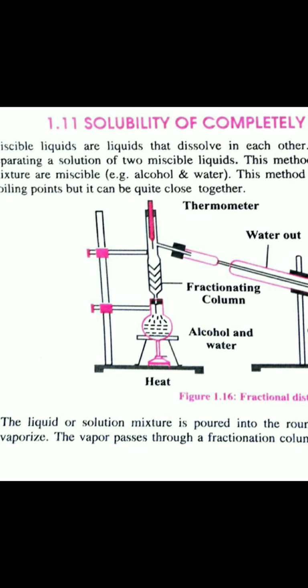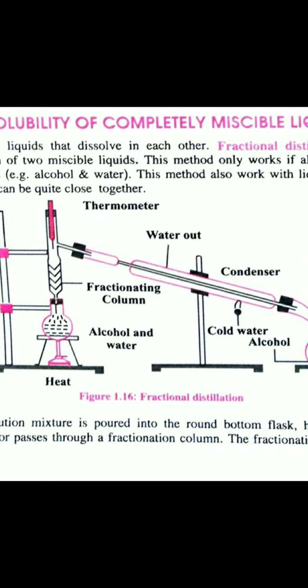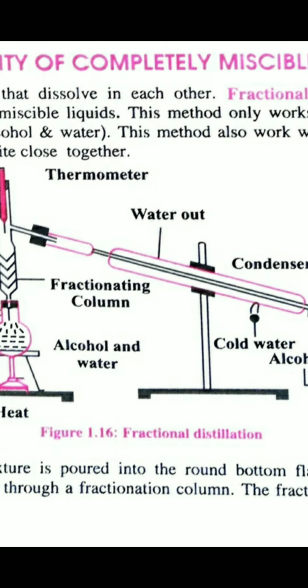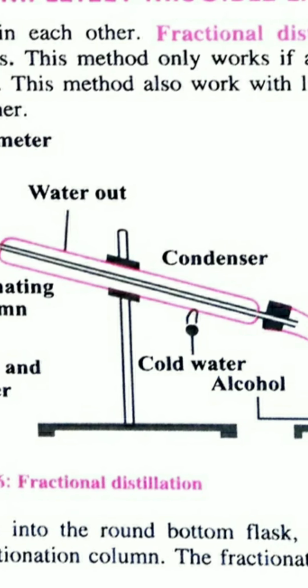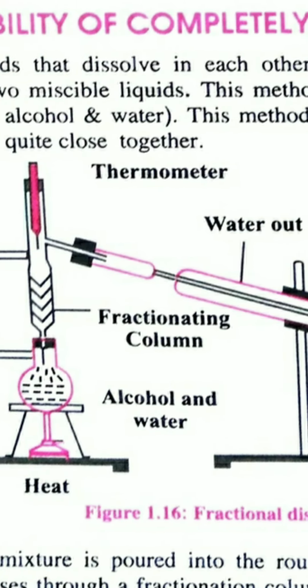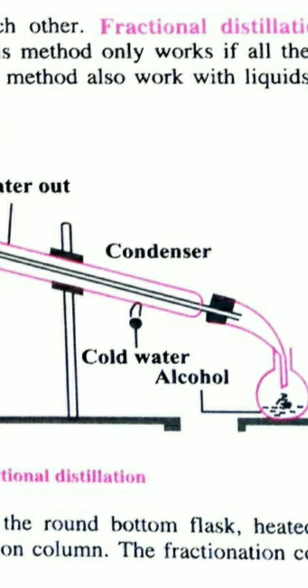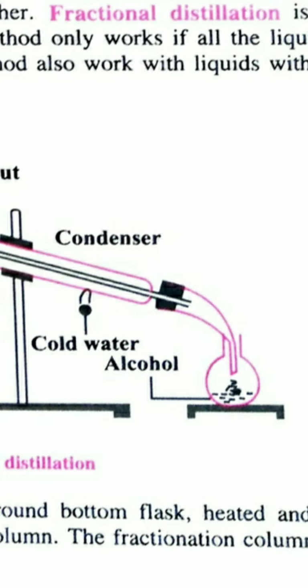Now the vapor is generated due to the temperature, and the vapor transfers from this fractional column to the condenser, and that condenser is connected to the other round bottom flask at the end of the assembly.